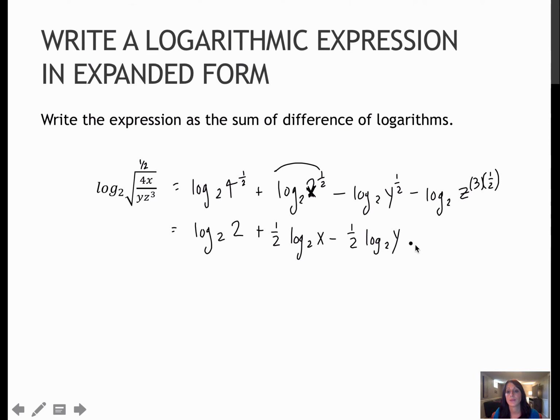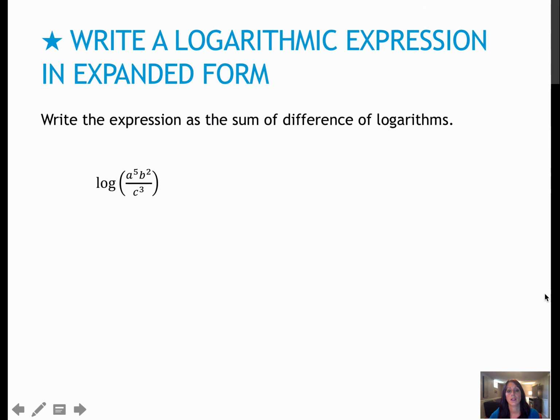So here, this is now 3 because it was cubed, but then also times 1/2, which would be 3/2, of course. So the 3/2 is going to move out front, and then log base 2 of z. And then my final answer would, of course, have log base 2 of 2 turn into 1, and then all of that rewritten. And that would be my final answer.